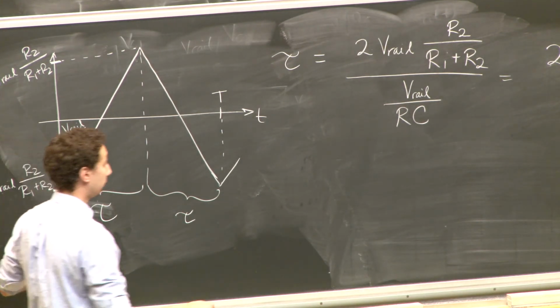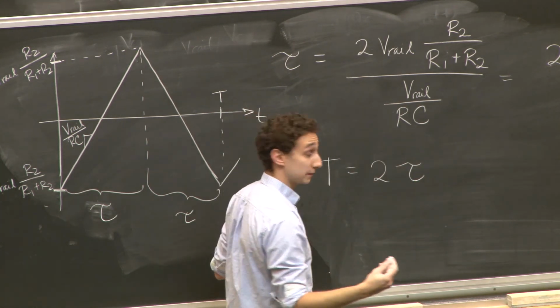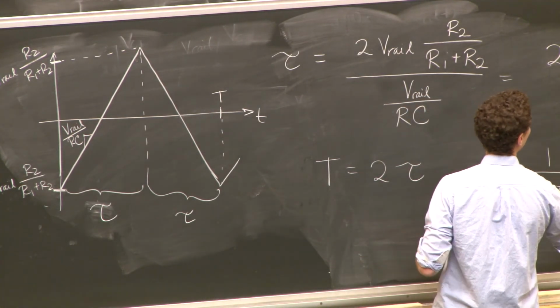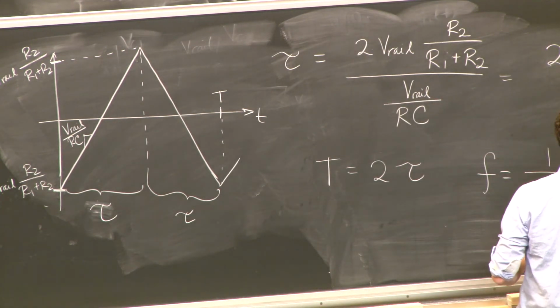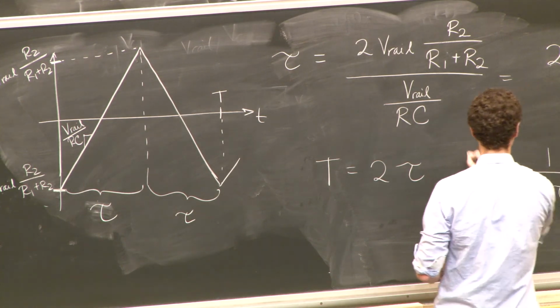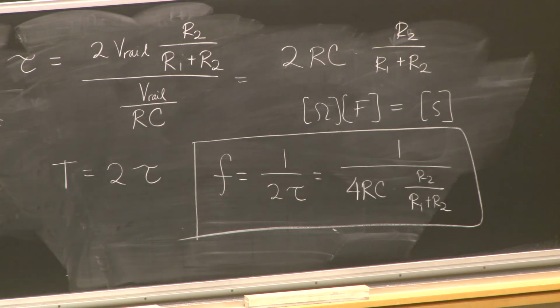And so our total period, t, is equal to 2 tau, which means our frequency, f, is 1 over 2 tau, which is equal to 1 over 4 RC times R2 over R1 plus R2. And that tells us how quickly our waveform is switching between positive and negative, okay? Any questions on this?